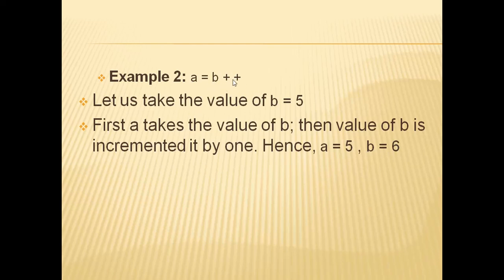In postfix increment, first it assigns the value and then it increases the value. See, 5 is assigned to a and now b is incremented by 1, that is 5 becomes 6 here. Okay, so this is called increment operation.